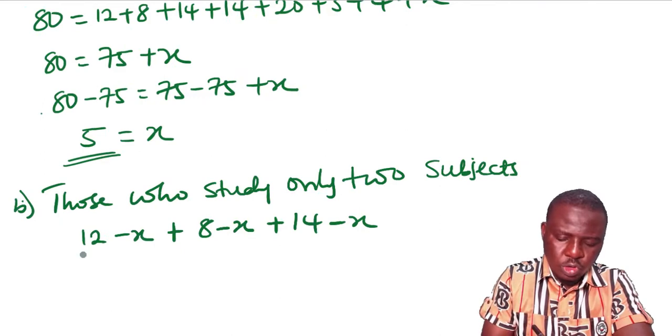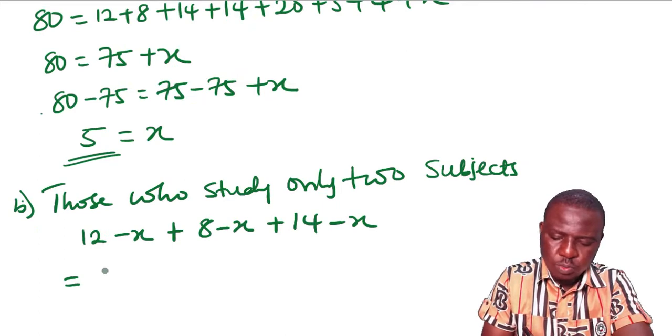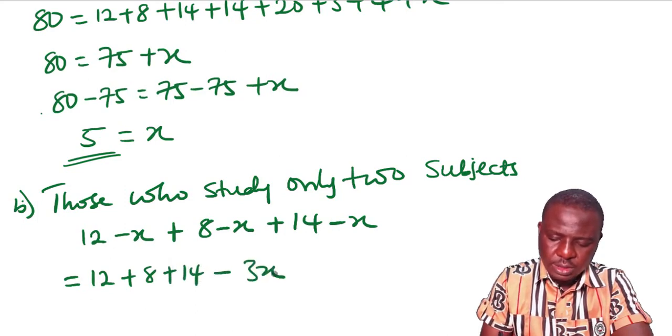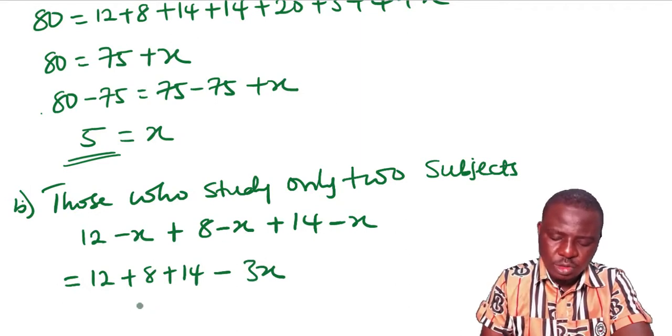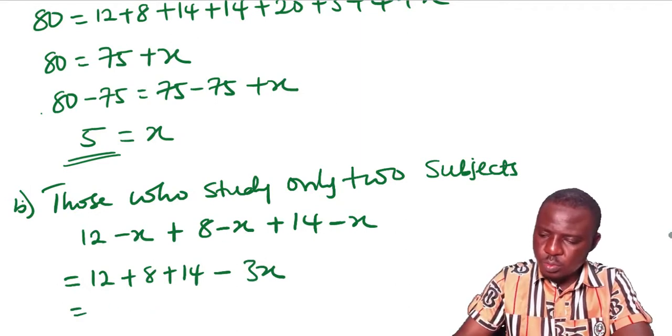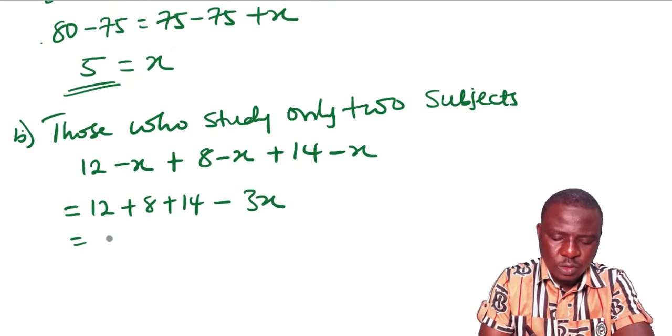So we are going to simplify this and substitute the value of x for it. This is equal to 12 plus 8 plus 14 minus 3x, because we have minus x minus x minus x, which gives you minus 3x. So this is equal to 12 plus 8 is 20, 20 plus 14 is 34.